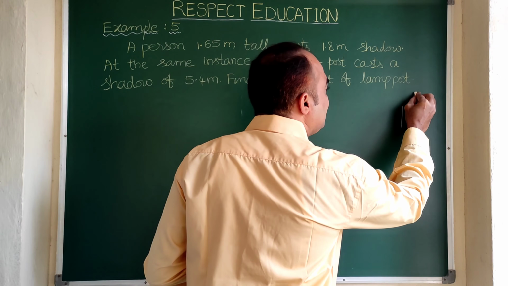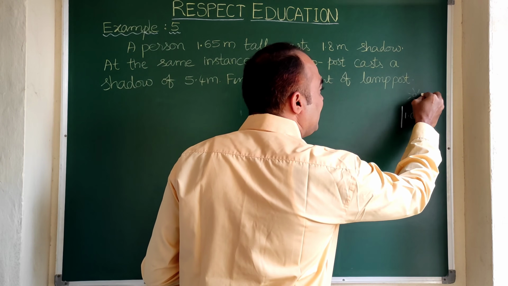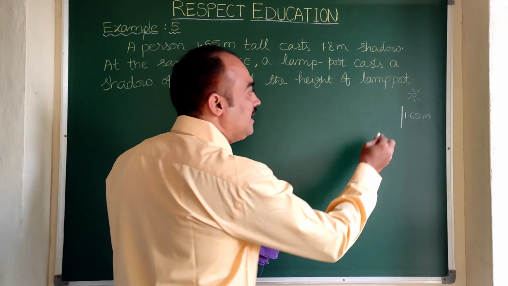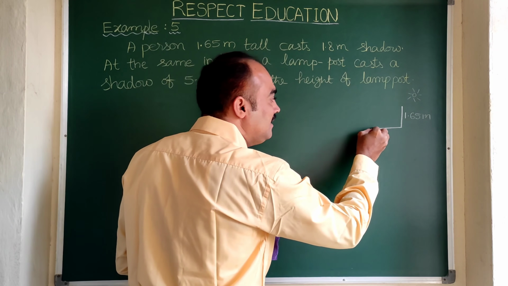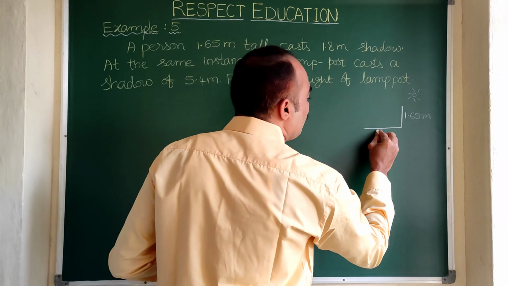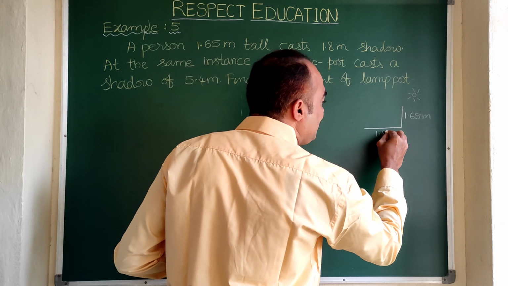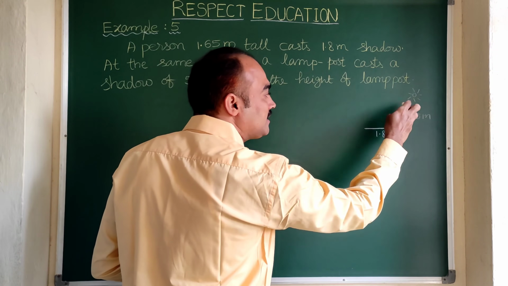Now imagine that the sun is in this direction. Here is the sun. Then definitely the person's shadow will fall on the earth in this direction. Here this is given as 1.8 meters. This is the shadow of the person.